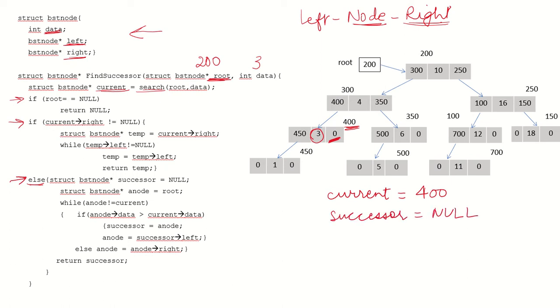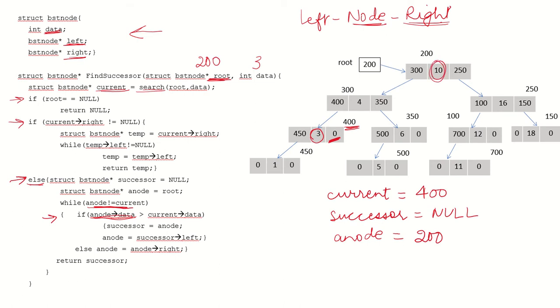We have to find this address, and anode we will initialize with the root address, which is 200. We will keep on checking this anode with the current node, whether we have reached the current node or not. So since anode is not equal to the current node, we go inside this while loop, and we check whether anode arrow data is greater than current data.